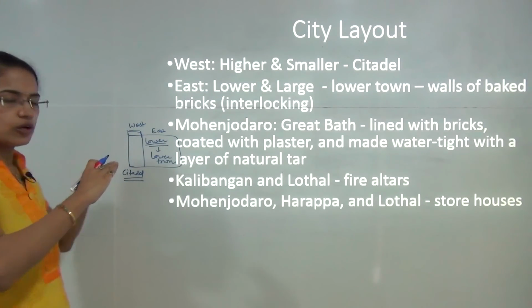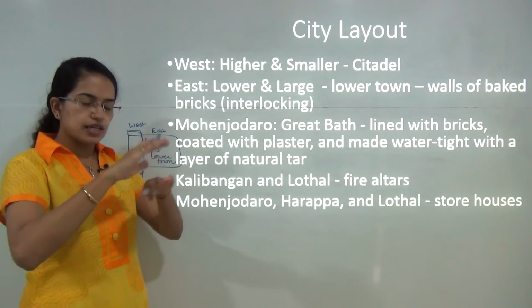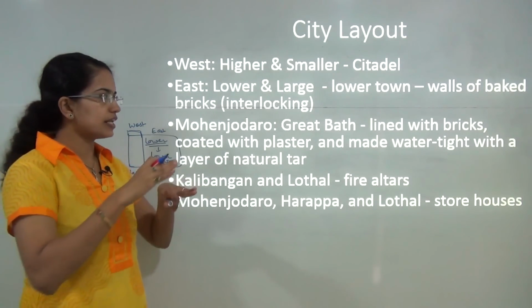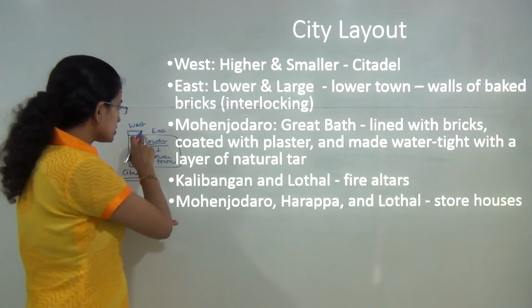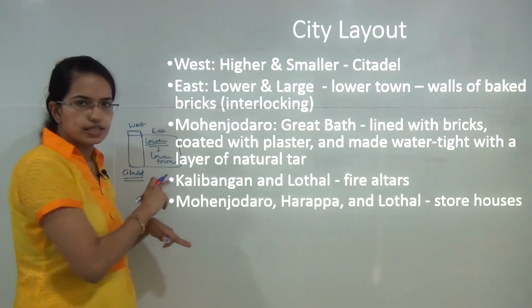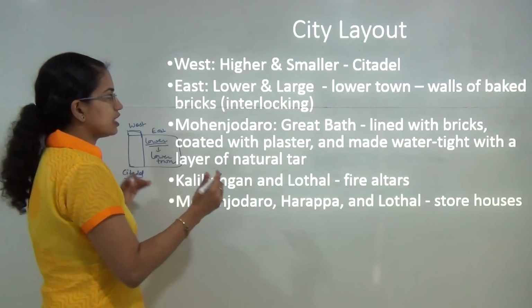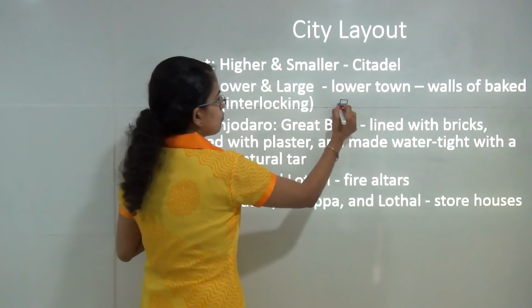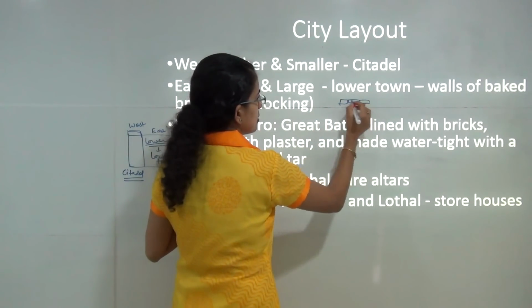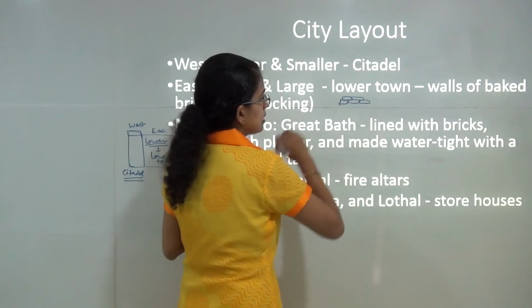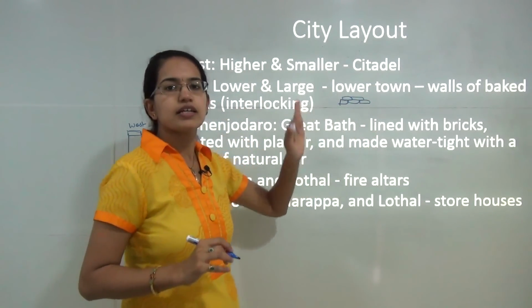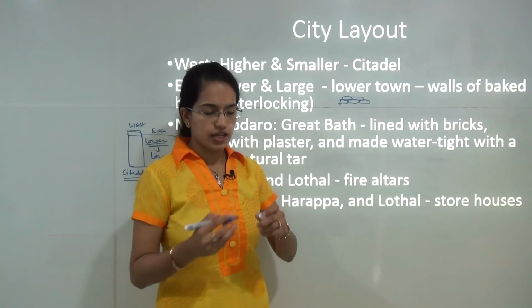Now, how was the layout built? Most of the layout was through the brick wall that was around the city. And the interesting pattern was that the arrangement of the bricks was not like present-day arrangement. Rather, there was interlocking of the bricks.